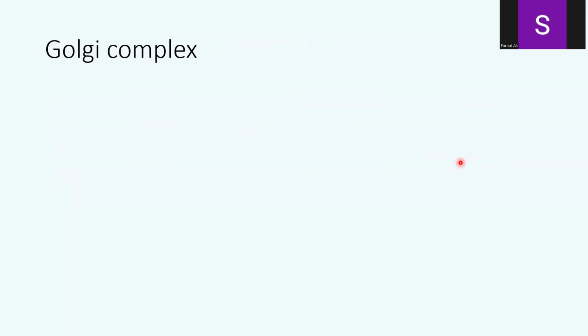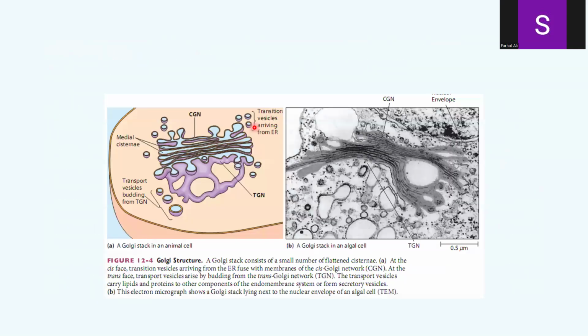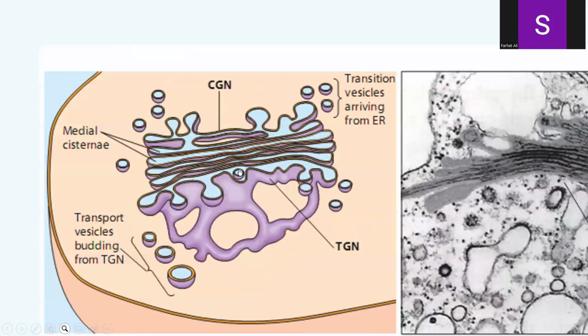The next component of the endomembrane system is the Golgi. The Golgi are flattened, sort of like small sacs of membrane, and the region of the Golgi which is closer to the ER is called the cis Golgi network.